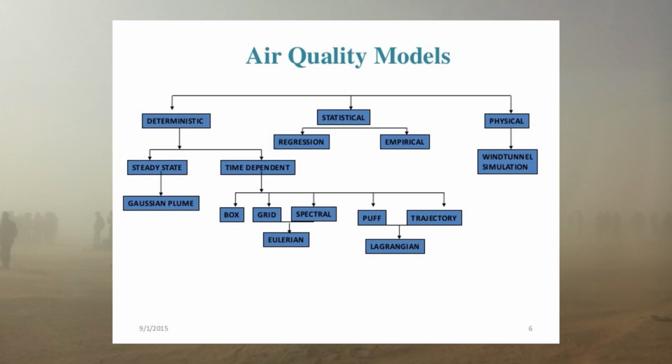So this is a broader picture of the air quality models that are being used and the principle behind it. So basically, we can classify as deterministic, statistical, and physical models. And the most widely used is the deterministic model, which is again the steady state model, and in which the Gaussian plume is the most widely used model across the world.